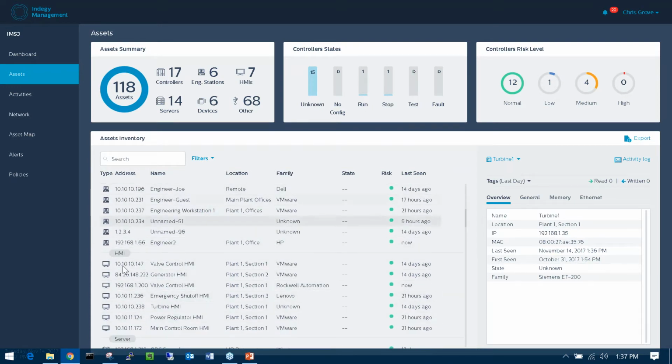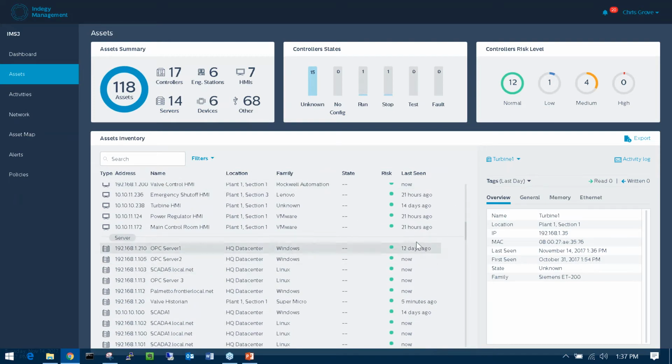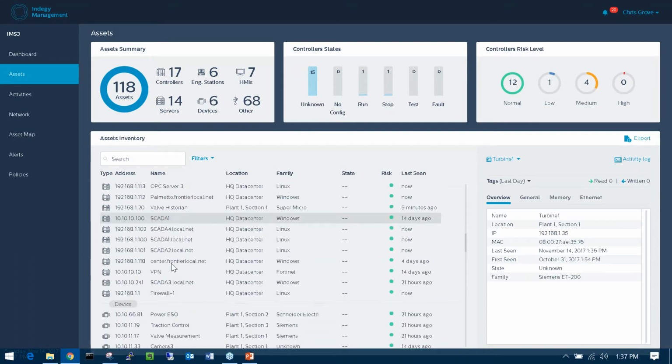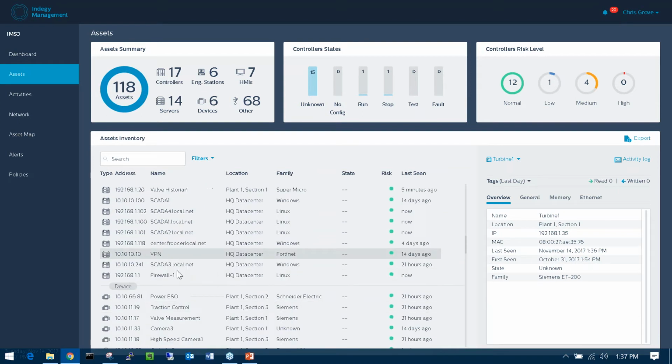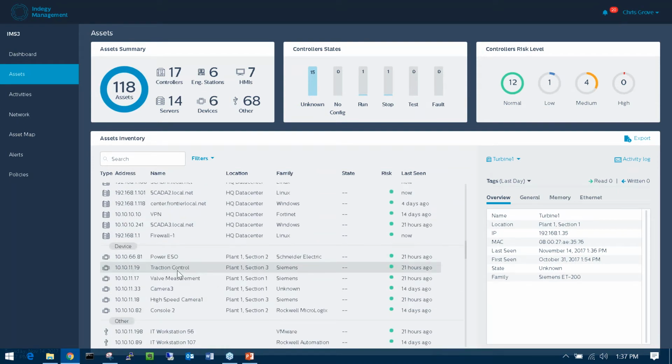As you can see, each chunk of the table here is a different category of equipment that I'm managing in my industrial environment. And having a good understanding of what's running is not that hard when it's all automated for you. It's all done under the hood.